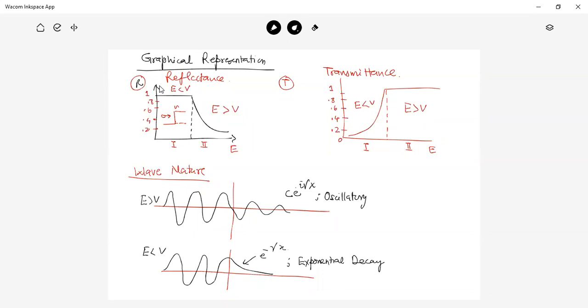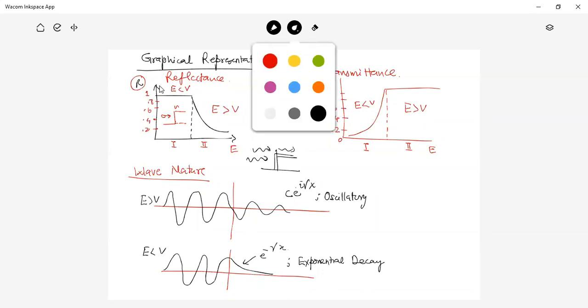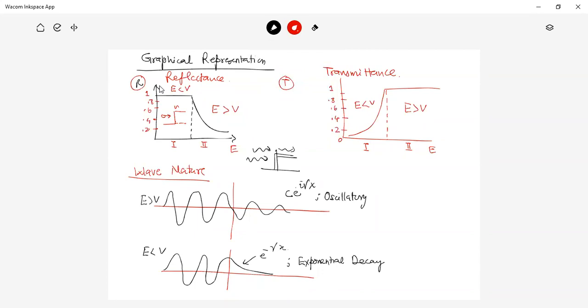So if E is greater than V, something like this, this is the step potential, and here the particle is moving. Whatever moves will cross this as a wave.